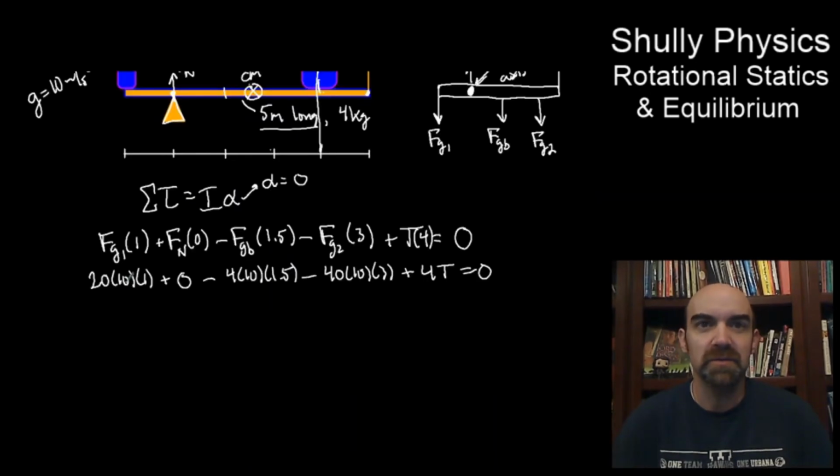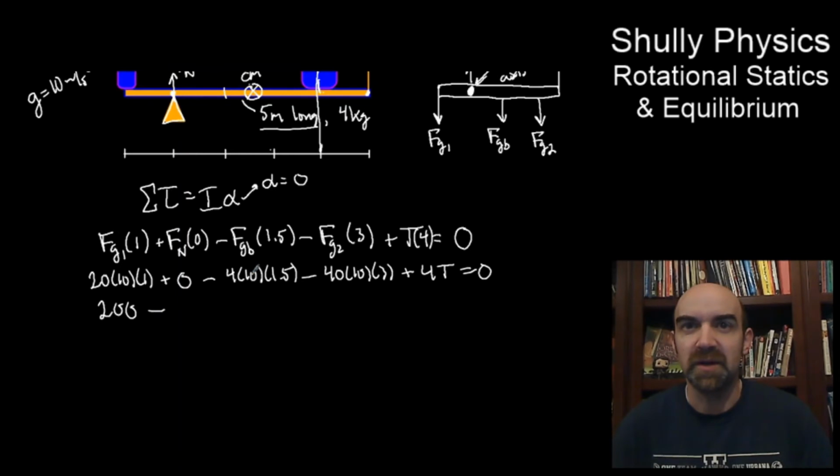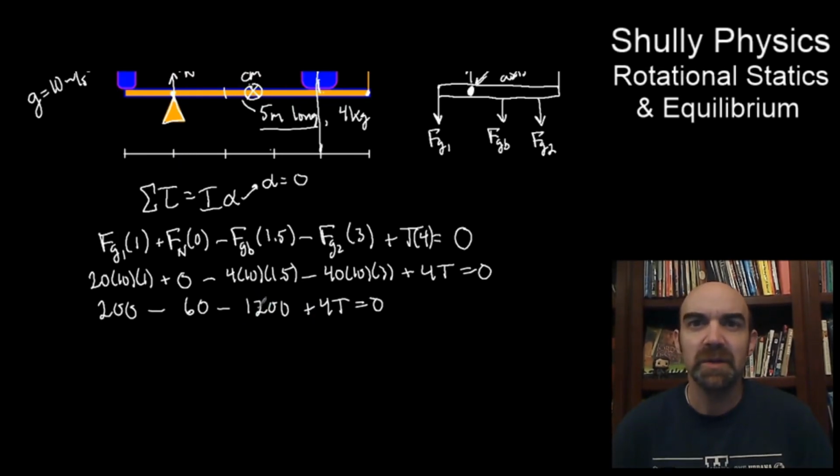Okay, solve this as quickly as we can here. 200 minus 4 times 10 is 40, times 1.5 is 60. And then we get a 400 times 3 is 1,200 plus 4T equals 0. All right, combining these, we get 1260 minus 200 is a negative 1060.